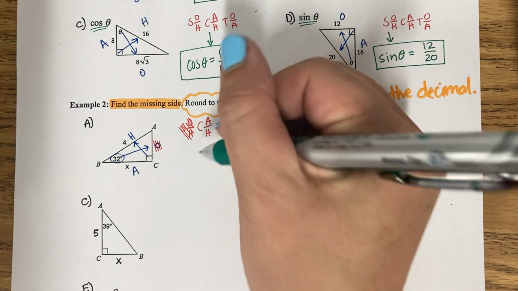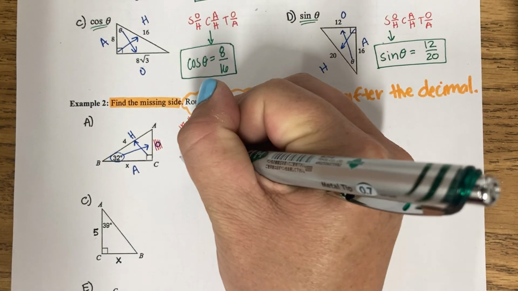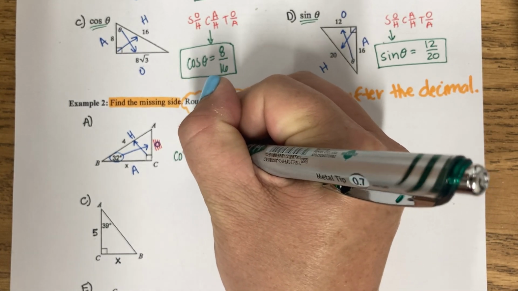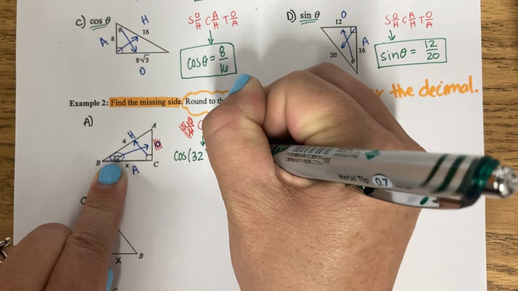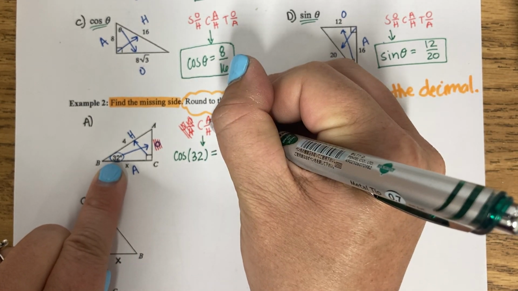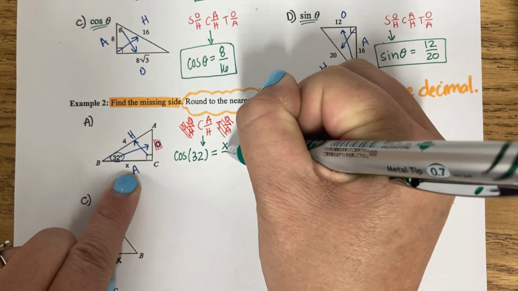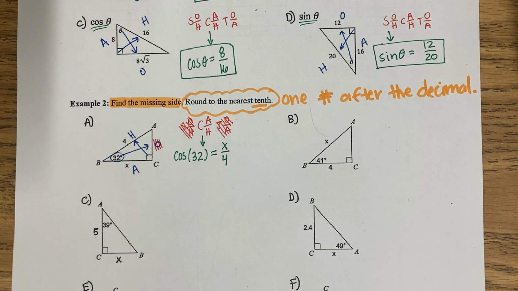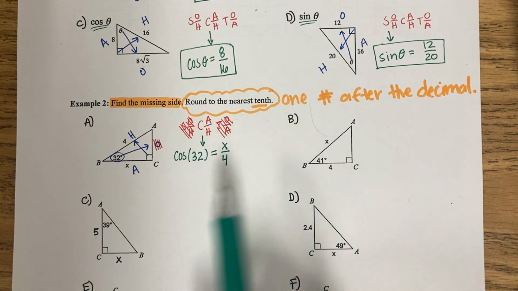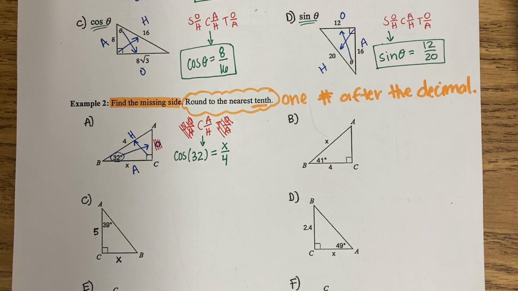Then C is for cosine of my angle 32 equals the A side over the H side. Okay, and that is setting it up. We haven't solved it for the missing side yet. We've just set it up. So I'm going to set up all of my equations and then go back through and solve them.